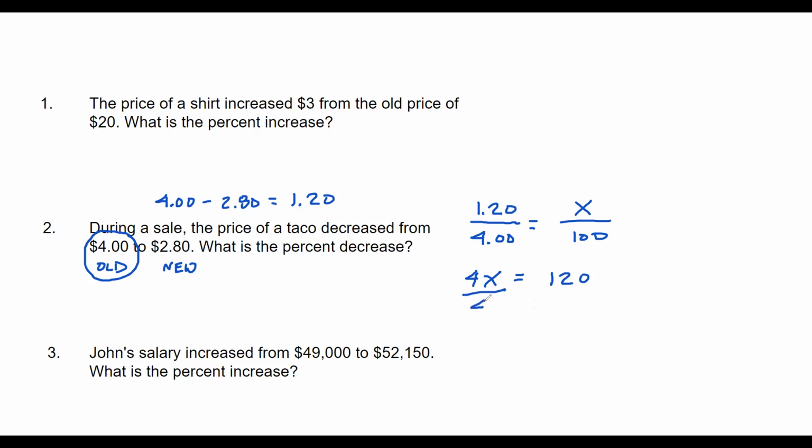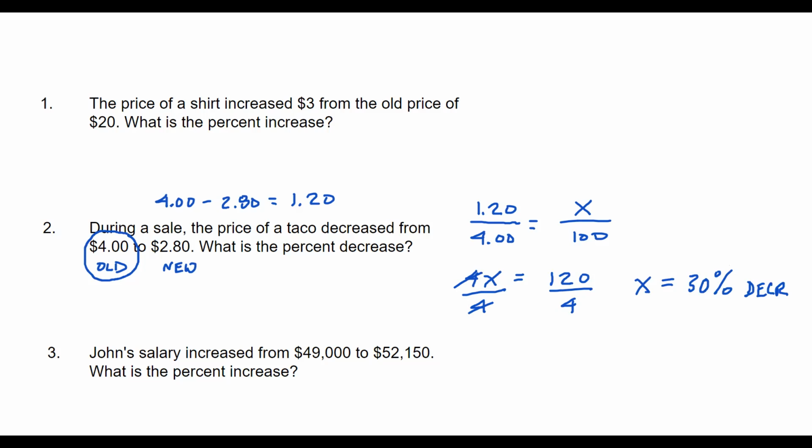Finally, we divide both sides by 4. Cancels out the 4 here. And x is equal to 120 divided by 4, which is 30. And once again, we want to remember that that's 30%. And in this case, it is a decrease because the price went down.